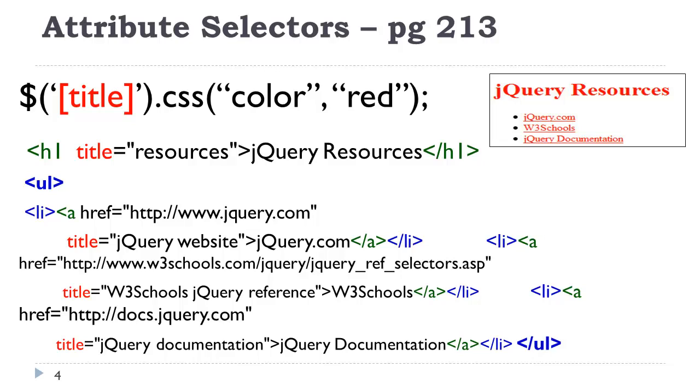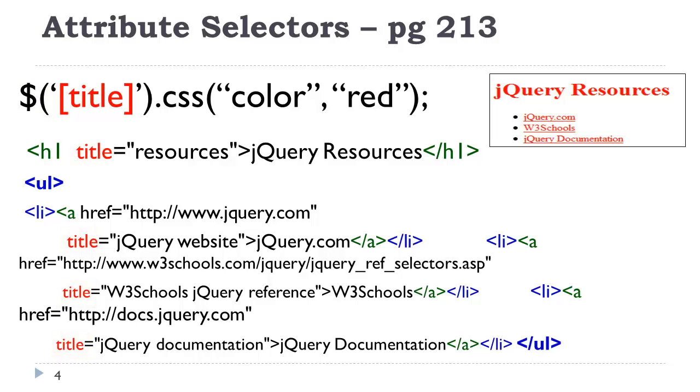This is an example of an attribute selector where the name of the attribute is inside brackets. Now that attribute can be tied into an HTML element also, or another selector. So here we have 3 A elements. They all contain a title attribute.